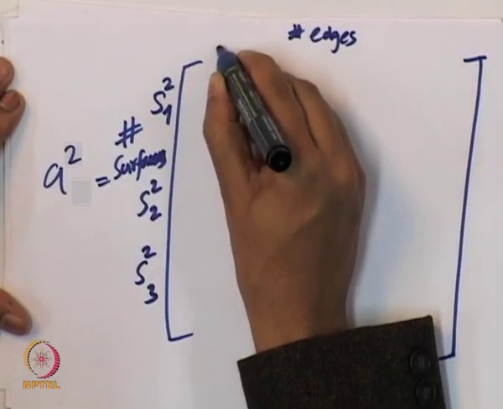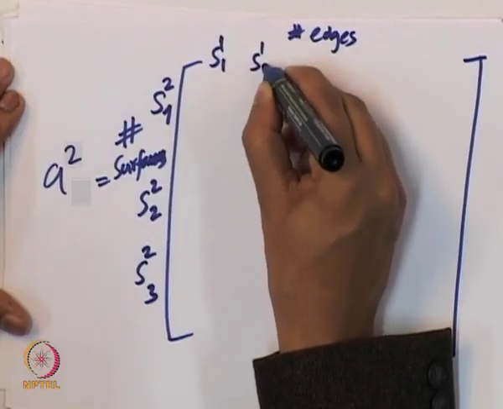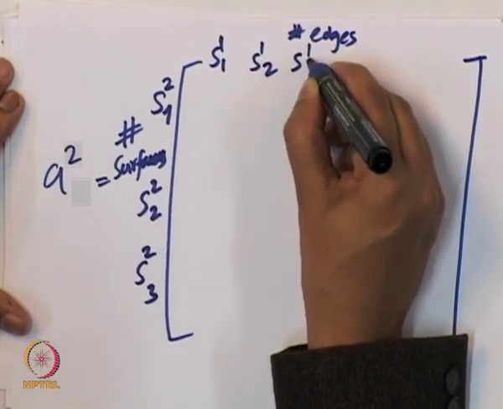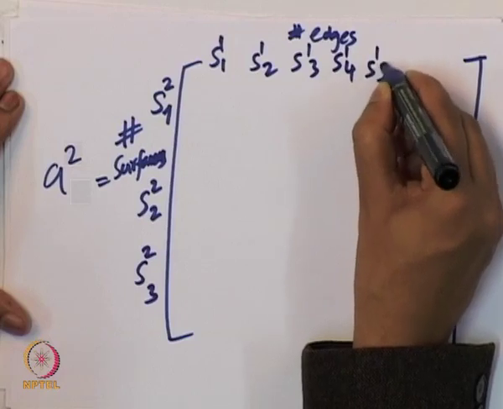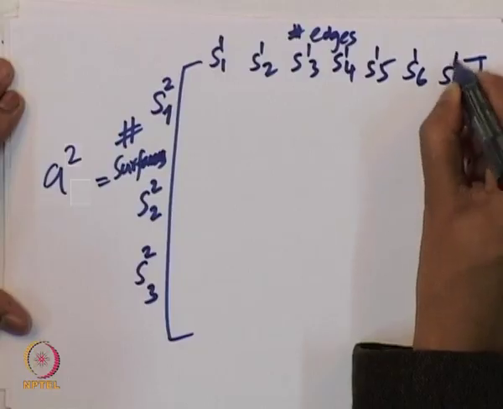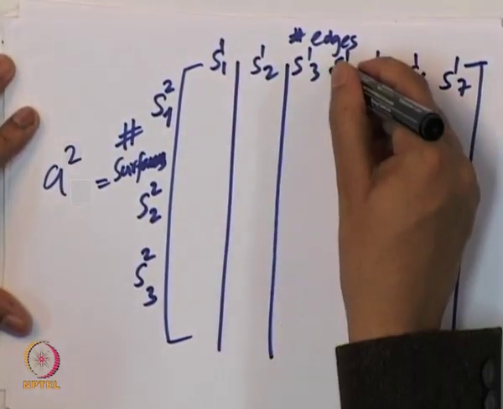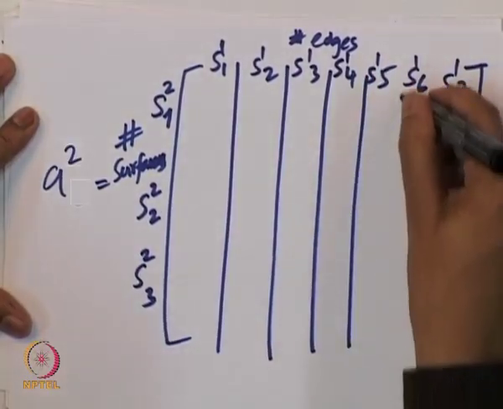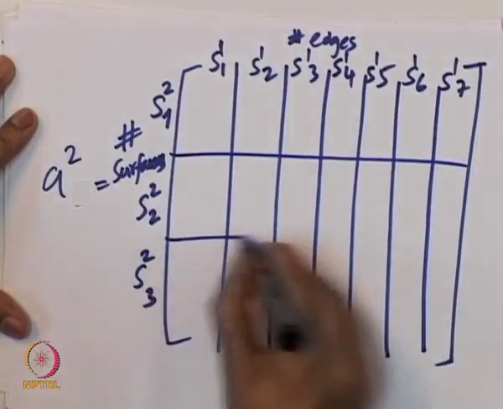What we have here is S11, S12, S13, S14, S15, S16 and S17. So we have 7 columns, and we have 3 rows.